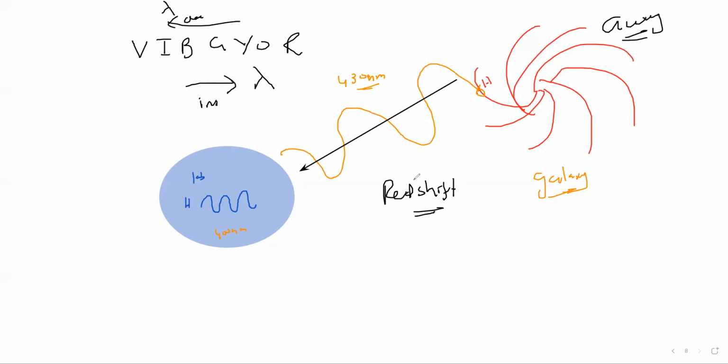But there are galaxies which are giving blueshift as well. If they are giving a blueshift, it means they are moving towards us, or towards our galaxy, or towards the earth. So using this idea, we can identify the motion of the object, whether it is moving towards or away.